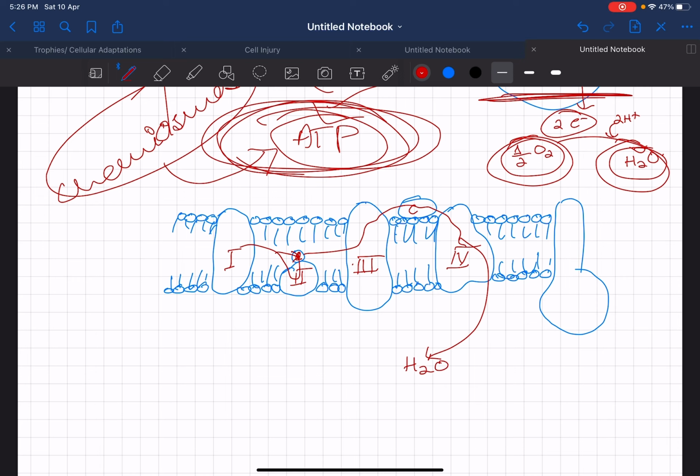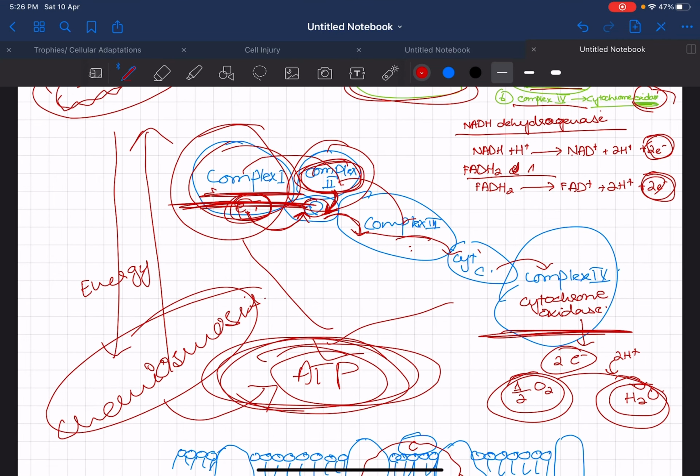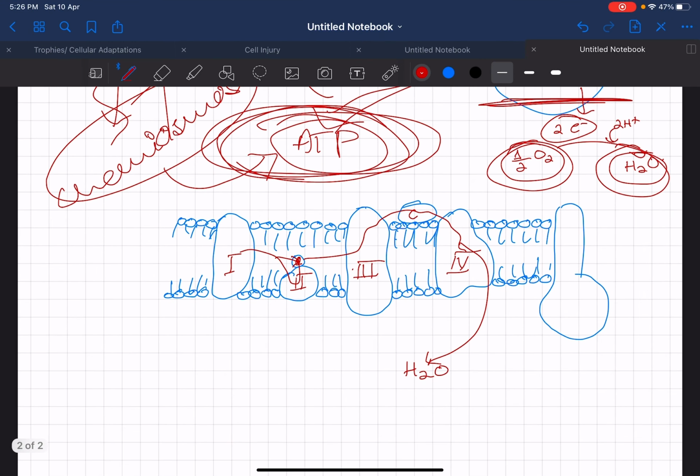But what happens is that they're going down the energy gradient, and as they go down, energy is being released by the electrons. This released energy is utilized by the hydrogen ions.